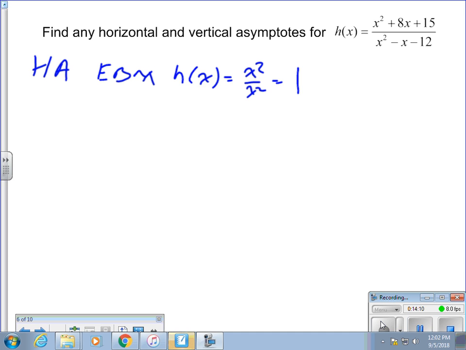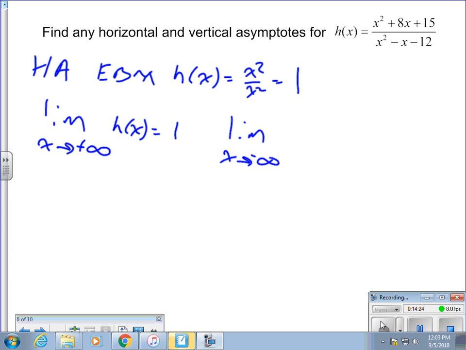So the limit as x approaches plus infinity of h of x is 1. The limit as x approaches negative infinity of h of x is 1.